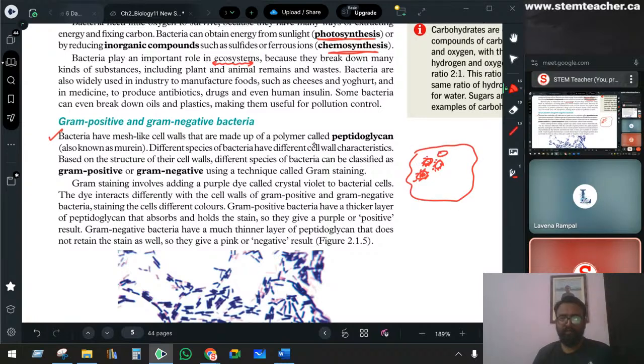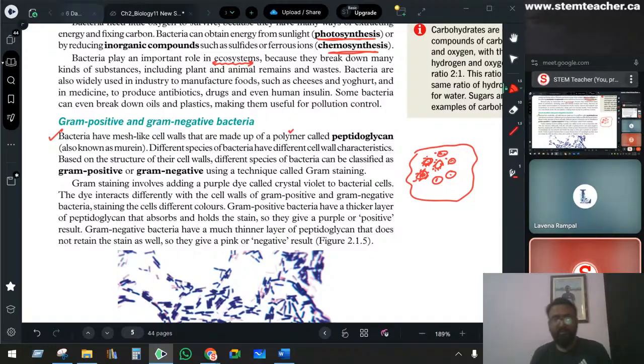These kinds of things will form by these prokaryotic cells, because they are not bonded with a cell membrane. And these infinitely many prokaryotic cells look like they are made up of a polymer. Polymer means infinitely many things stick together. Different species of bacteria have different cell wall characteristics.